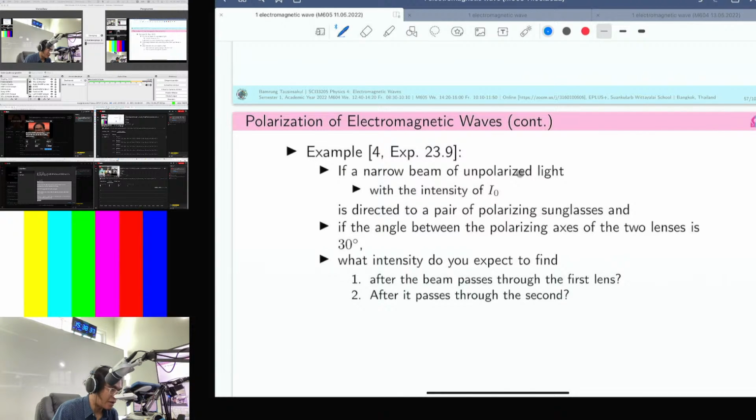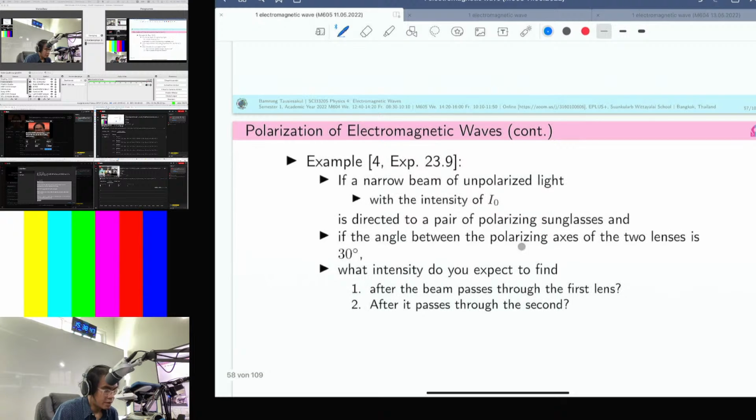If a narrow beam of unpolarized light with intensity I0 is directed to a pair of polarizing sunglasses, and the angle between the polarizing axes of the two lenses is 30 degrees, what intensity do we expect to observe after the beam passes through the first lens?